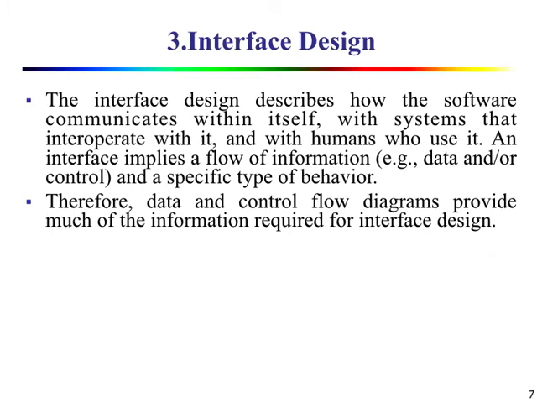Then we have the interface design. Interface design describes how the software communicates within itself, with systems that interoperate with it, and with humans who use it. An interface implies a flow of information and a specific type of behavior. Flow of information includes data flow as well as control flow.